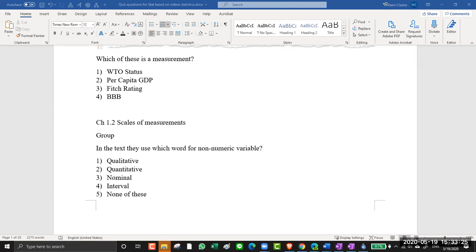In the text, which word is used for a non-numeric variable? Number 1, qualitative, is okay, but number 2 is not good. Number 3 is okay. Number 4, no. So I would say number 1 or number 3 would be okay.